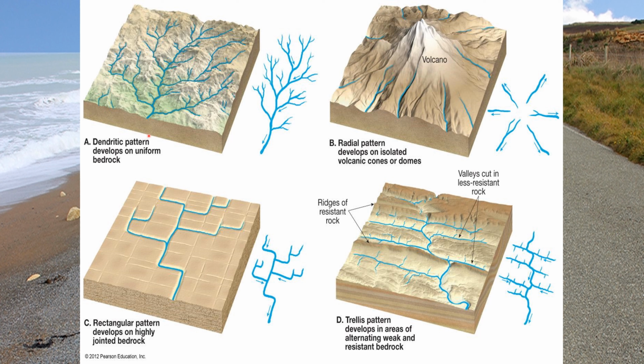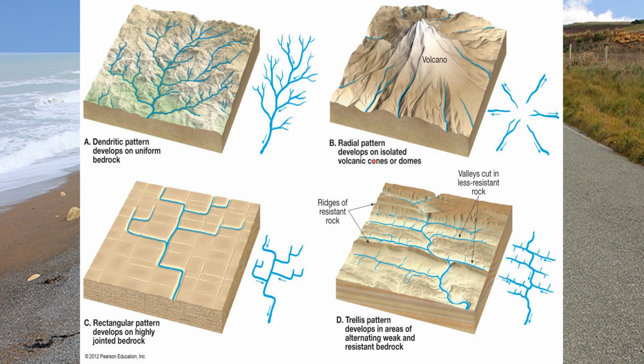And dendritic patterns are going to tend to happen on bedrock that is relatively uniform in its resistance to weathering. So you are going to get weathering, but it's going to kind of weather relatively easily. And so you're going to get a typical tree pattern. So you can see up here, you have the smaller little streams bleeding into this one. This one are going to combine into this branch, which are eventually going to flow into this bigger branch here. And so you go from smaller body of water, or running body of water, to larger running body of water.